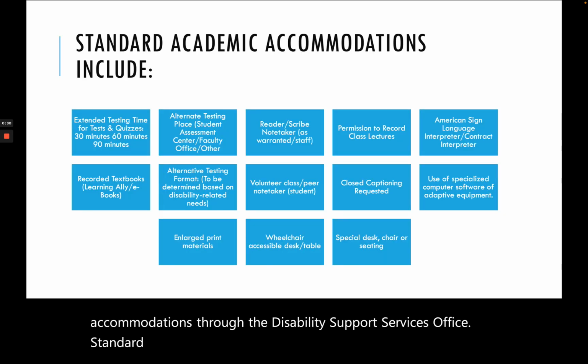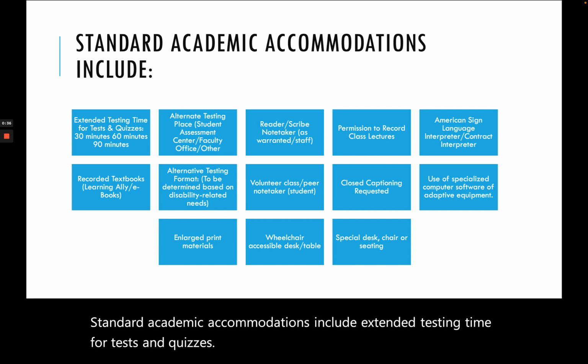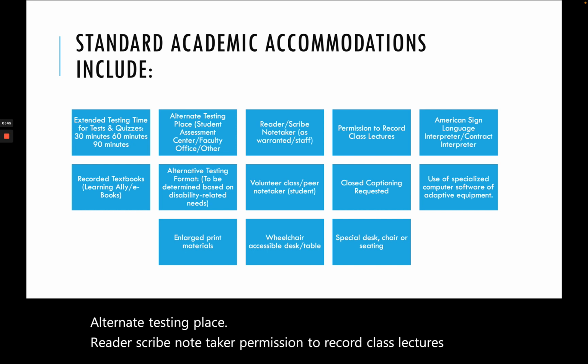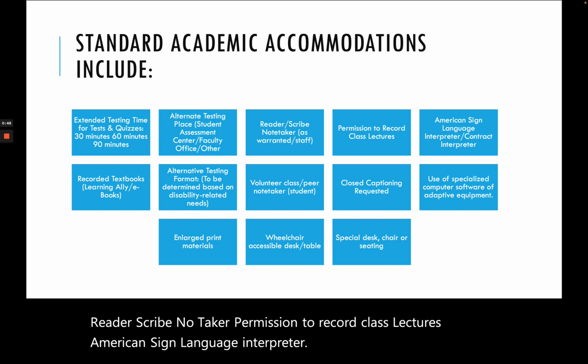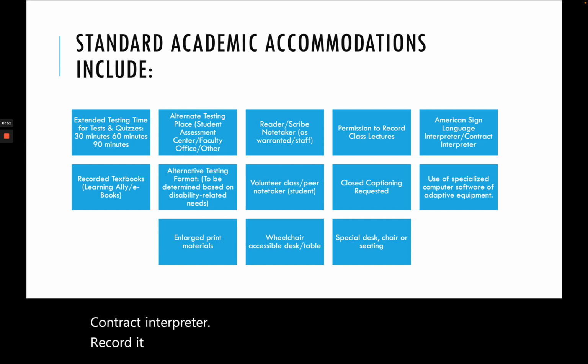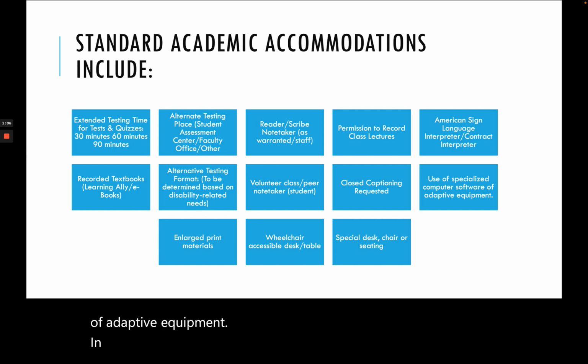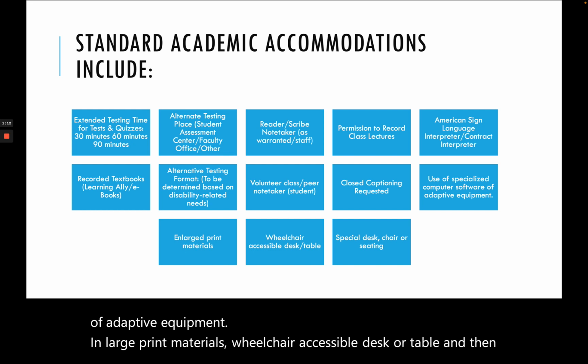Standard academic accommodations include extended testing time for tests and quizzes, alternate testing place, reader, scribe, note-taker, permission to record class lectures, American Sign Language interpreter, contract interpreter, recorded textbooks, alternative testing format, volunteer class or peer note-taker, closed captioning requested, use of specialized computer software or adaptive equipment, enlarged print materials, wheelchair accessible desk or table, and a special desk, chair, or seating.